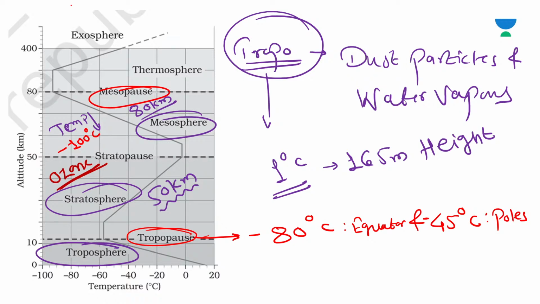Now the ionosphere is located between 80 and 400 km above the mesopause.